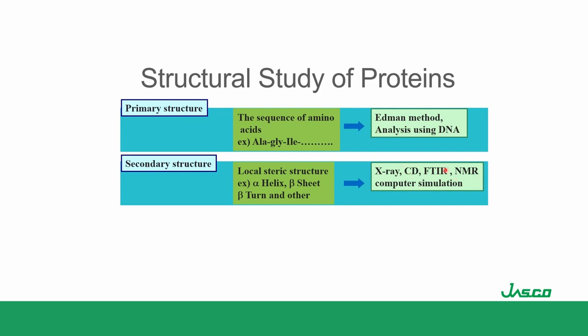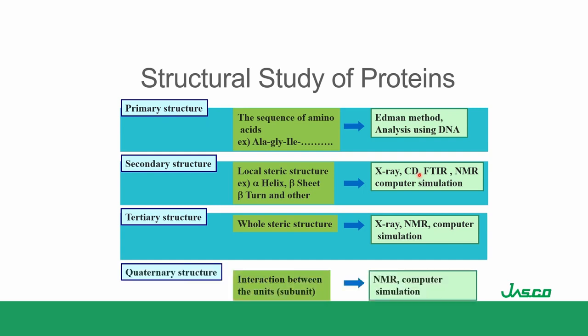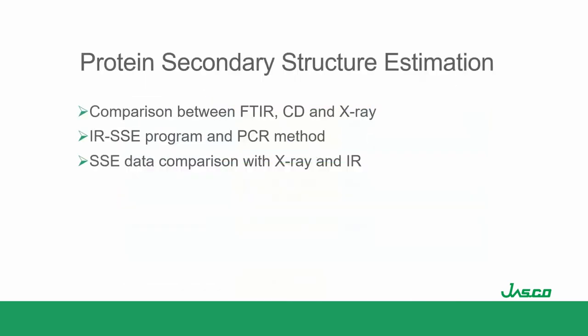We are going to be talking about FTIR and CD. For the tertiary structure, we have other techniques like X-ray, NMR, and computer simulation. And finally, for quaternary structure, the most common is NMR and also computer simulation.